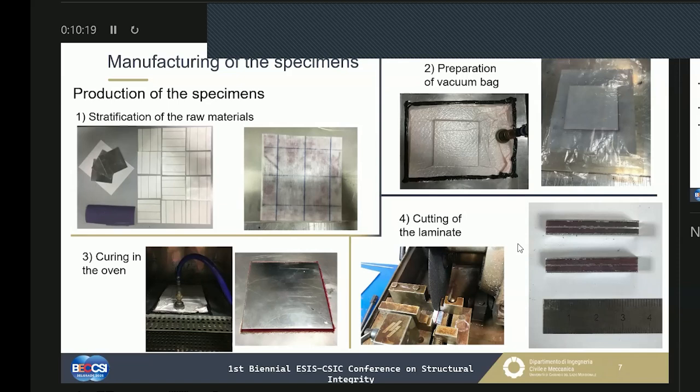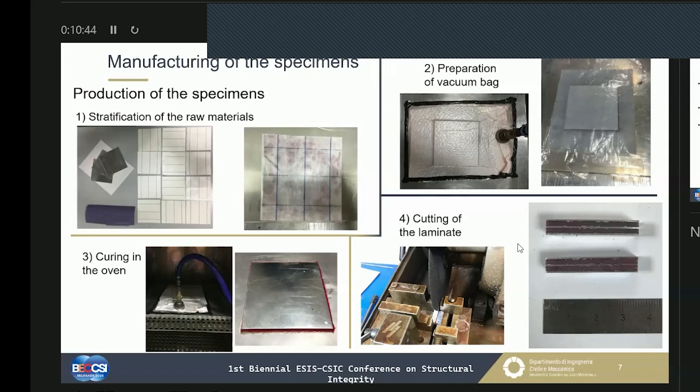After that we prepared the vacuum bag, so we covered the laminate with the release film and the breather fabric. We closed this stack with a vacuum bag sealed with a sealant tape, and finally we drew the vacuum.